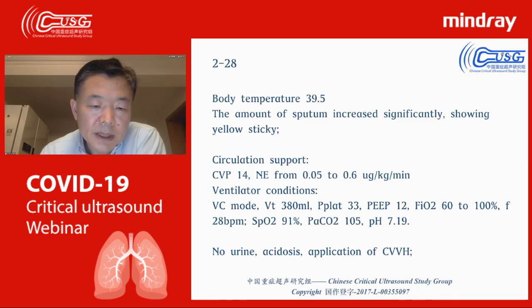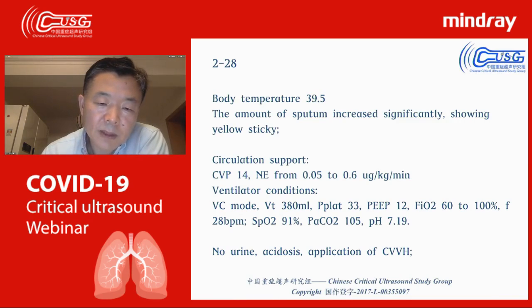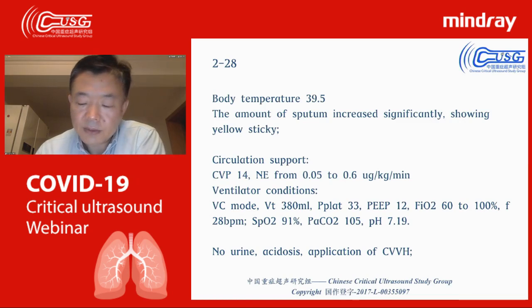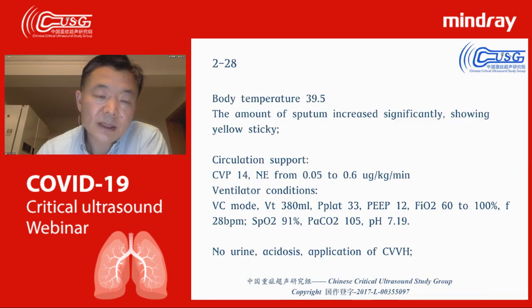And the ventilator condition: FiO2 from 60% to 100%, and the PCO2 increased to 105, and the pH is 7.19, and no urine. The patient now has acidosis, so they decided to give the patient CRRT.